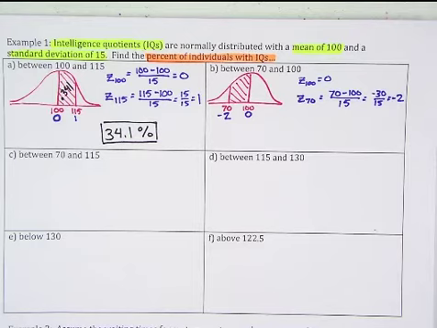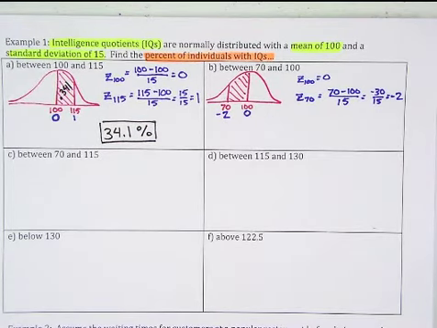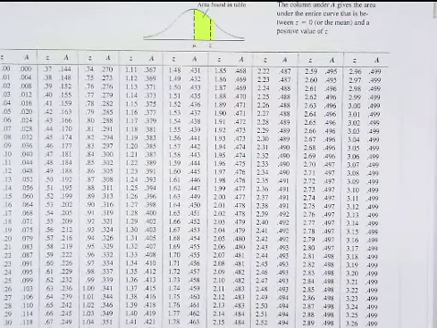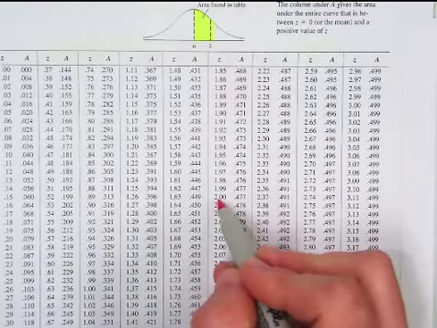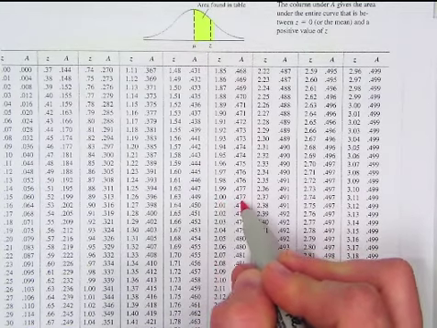Alright, and since this is still just between the mean and a z-score, we'll use our table again. We're looking for a z of negative 2. And you'll remember that we're going to use the absolute value. So whether it's negative 2 or positive 2, it doesn't matter. It gives us the same area in that symmetrical curve.